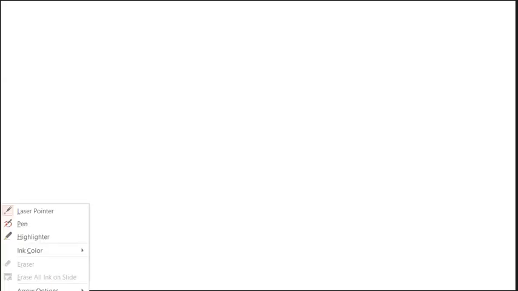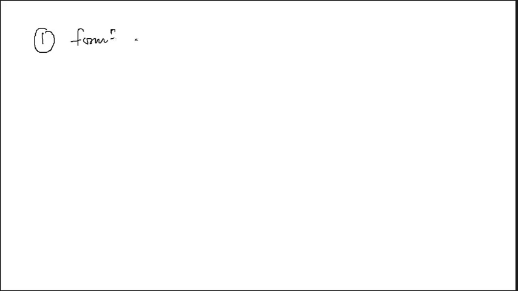Okay, so the steps in summary if I write. So first was formation of GA in embryo.